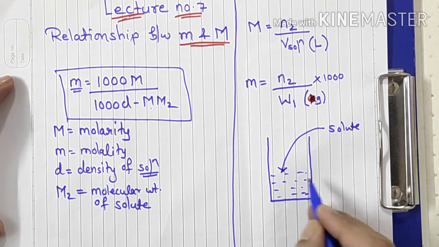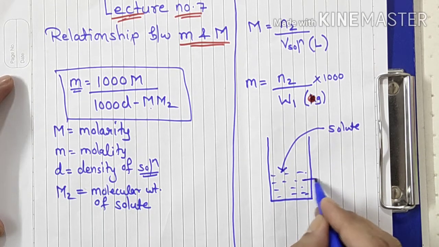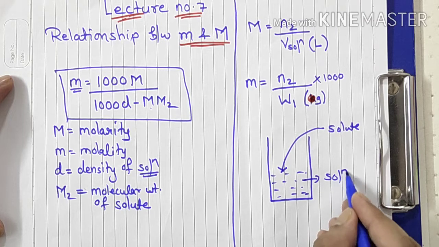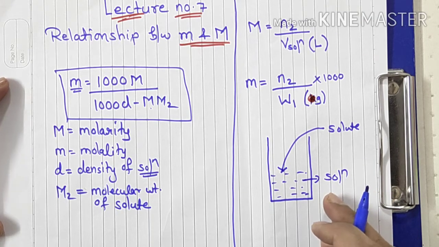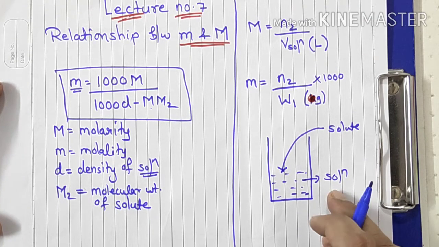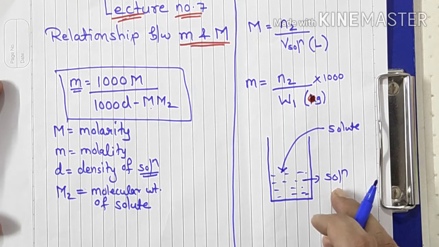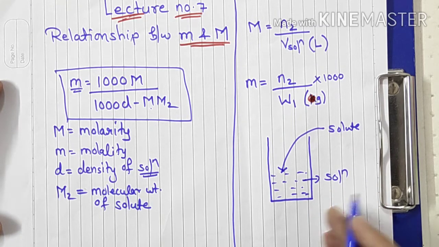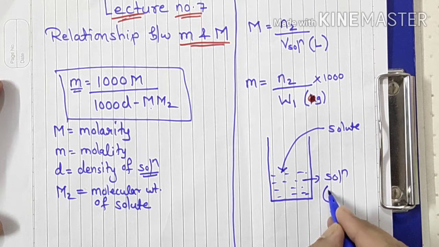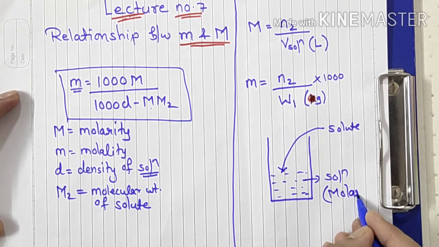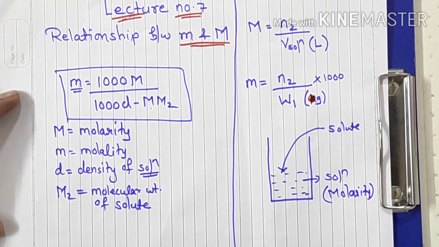Now understand student, this is solution. So if it is a solution, it will have certain concentration, right? And suppose that concentration is expressed in molarity, and this molarity will contain obviously some moles.